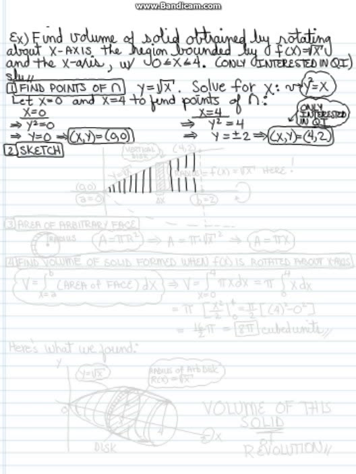Step 2, we're going to find the sketch. Here's our y-axis. Here's our x-axis. Now, here's the point of intersection (0, 0). The other point of intersection was (4, 2). And here's the graph. So there's our ordered pair (4, 2).